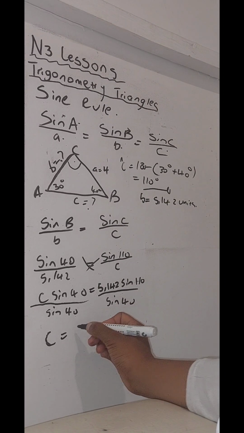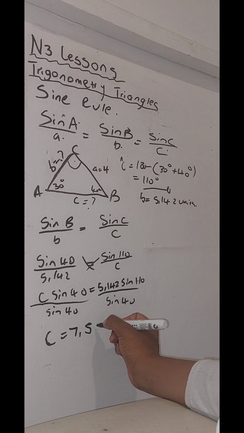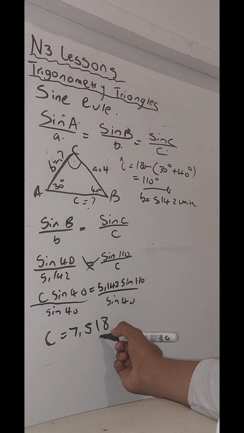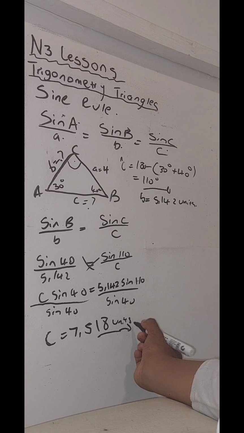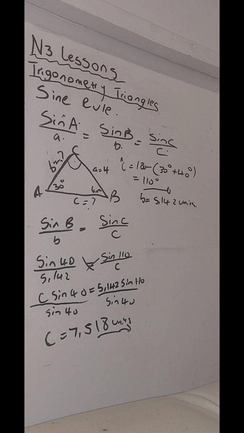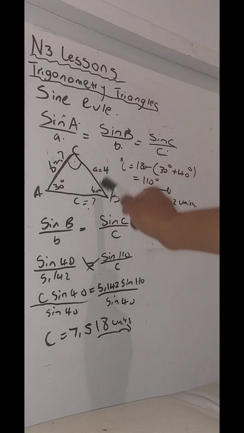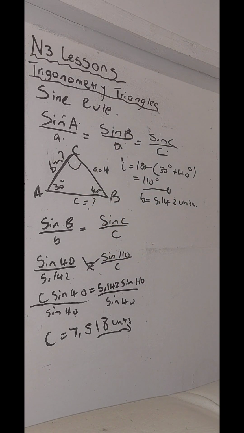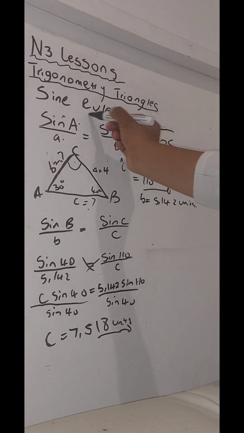I get my answer to be 7.518 units. 7.518. It's C. Now we have solved for everything. We solved for angle C, side C and B. We solve for everything using the sine rule. This is the sine rule, guys.